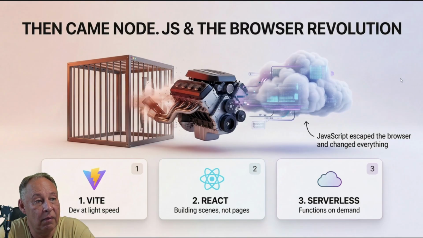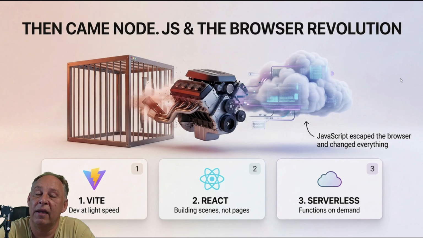So some guy had an idea, I wish I can remember his name, and said, why not take JavaScript out of the web browser onto a server? All right, and that changed everything. They say then came Node.js, the browser revolution.